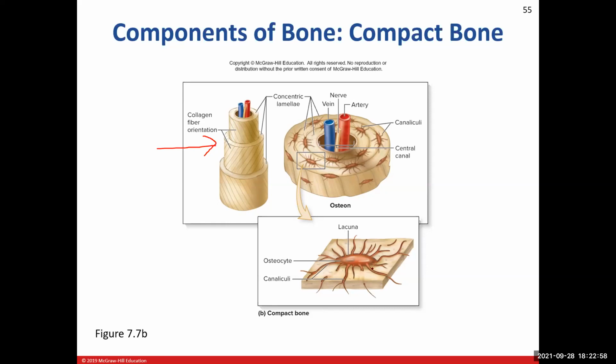If you look closer, you can see the osteocyte. It has processes extending off of the main body, and those processes are found in the canaliculi, and that's what allows these cells to share nutrients, minerals, and gases with one another.